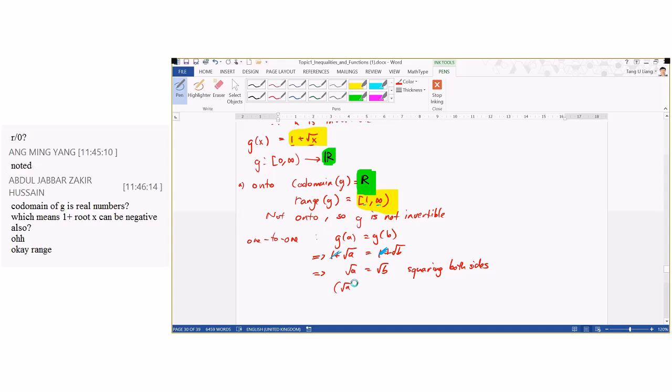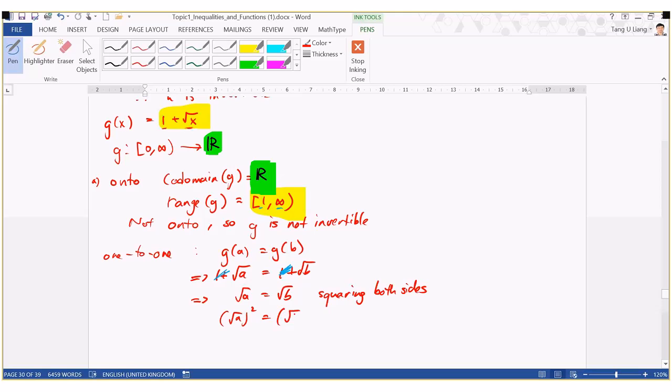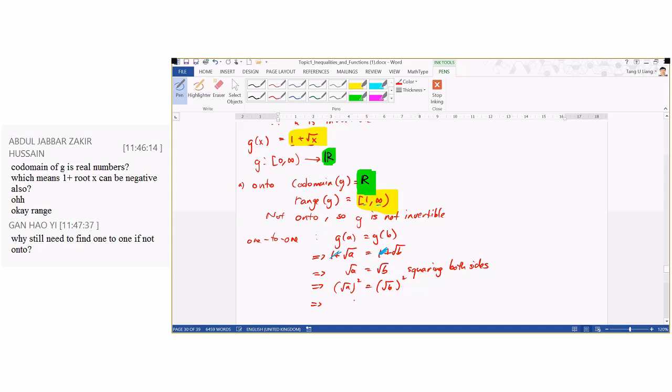Now, if we want to make G into an invertible function, we have to modify the codomain of G. Since it's 1 to 1 already, you just need to change the status of its onto-ness.